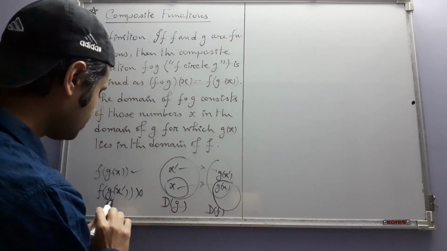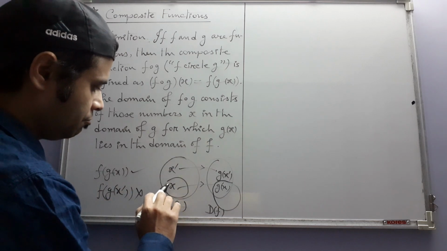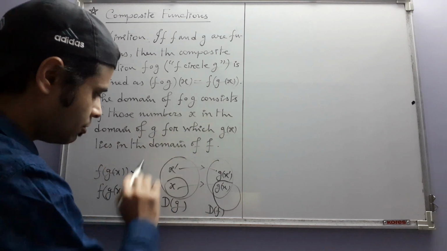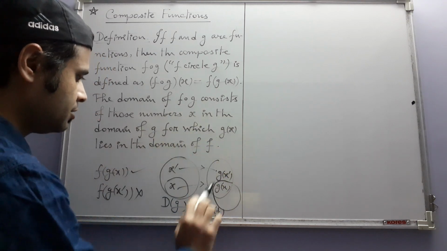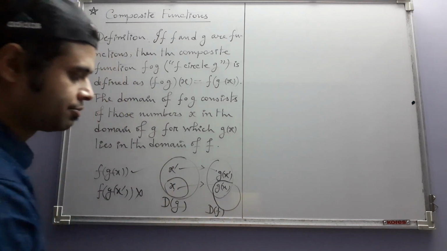This is not defined, so we want those type of numbers x in the domain of g for which g of x lies in the domain of f.